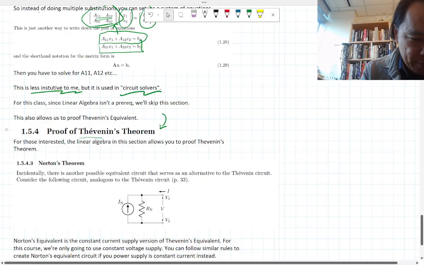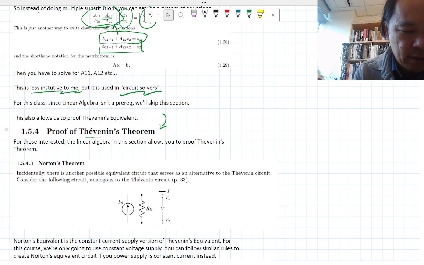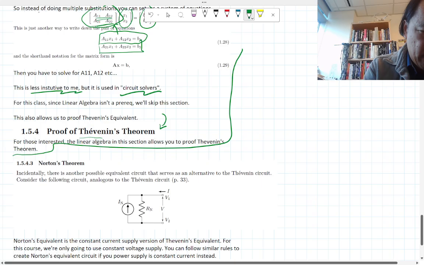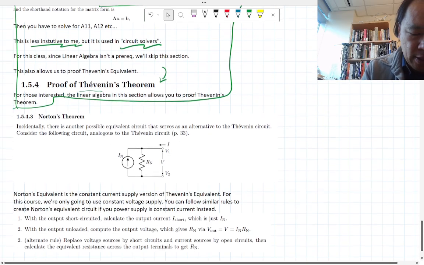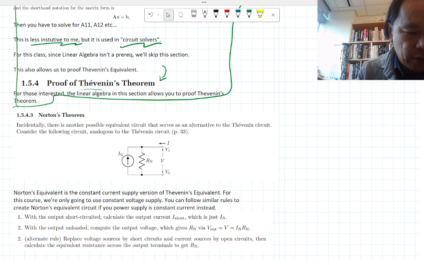It's a little difficult to understand because instead of resistance, he flips things around to use conductance instead. But we're not going to cover any of this. I just want you to have some conceptual background of why solving circuits with matrices can be useful.